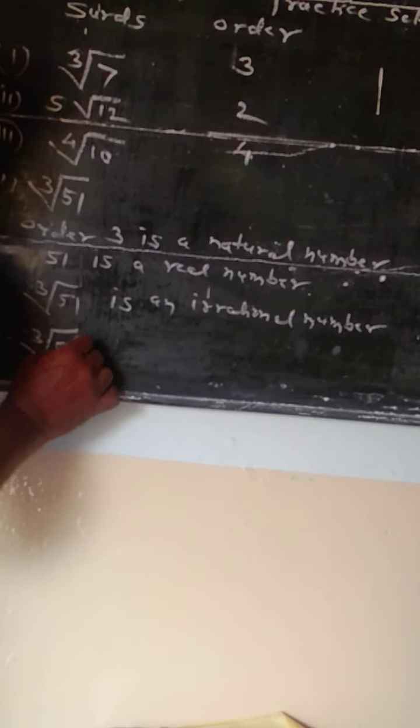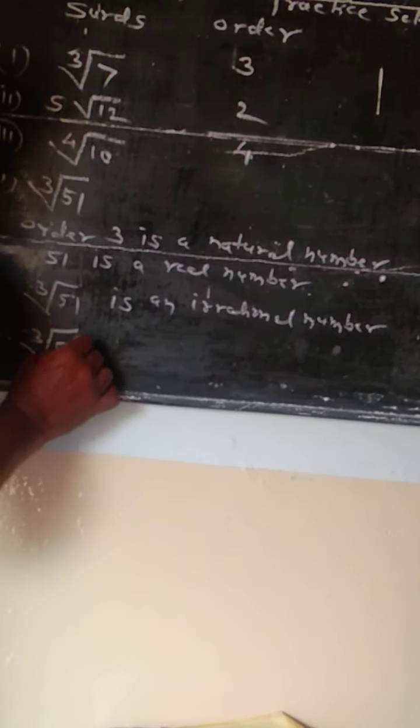Classify the given pair of surds into like surds and unlike surds. See question number 3. This is root 52 and 5 root 13.